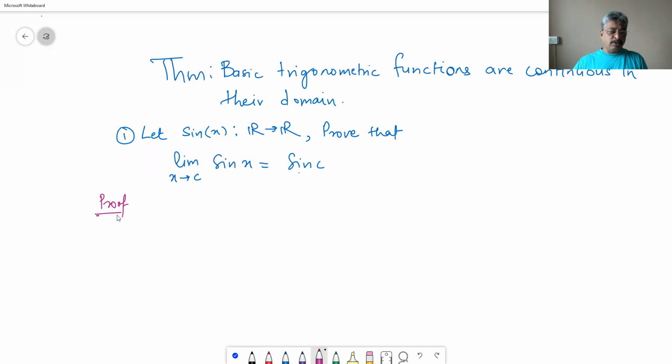Hope you are also trying to do it that way. Let epsilon greater than 0 be given. What we are supposed to prove is that |sin x minus sin c| is less than epsilon.